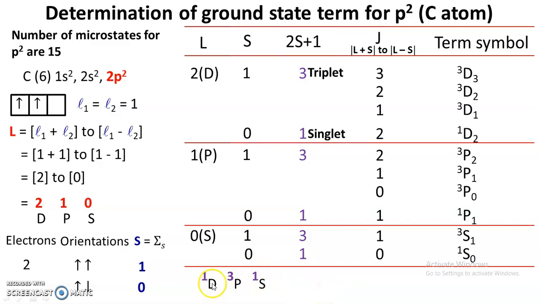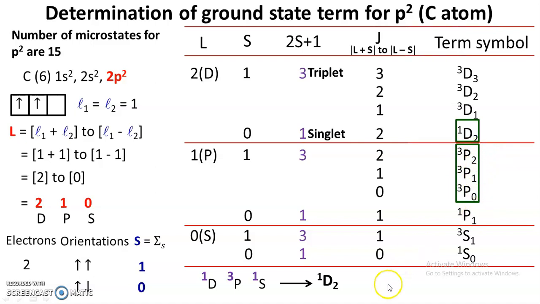Now the term D with multiplicity 1 has the term symbol D12. So this is an allowed term symbol. Now for the term P with multiplicity 3, the possible term symbols are P32, P31 and P30.